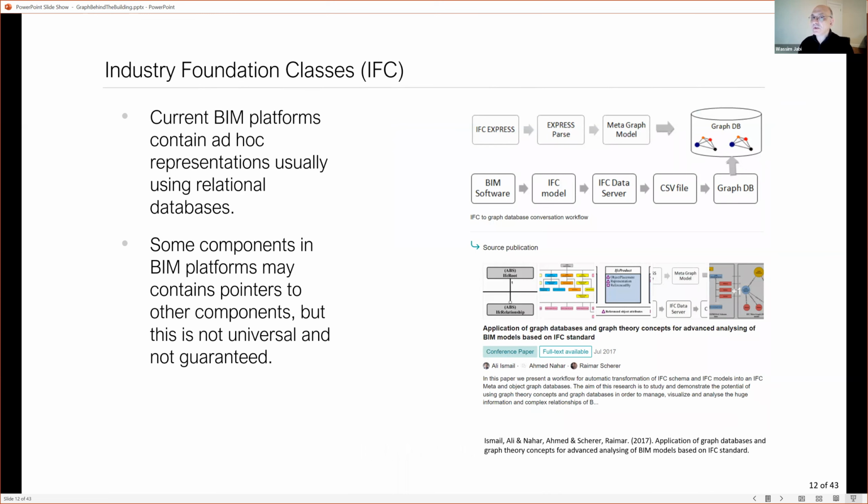Then there is this thing called Industry Foundation Classes, and it came out of product modeling, STEP, PDES modeling that my professor Jim Turner worked on in the early 90s, and it's great. IFC, not as a file format, because as a file format it's horrible, it's horrendous. You can't deal with it.